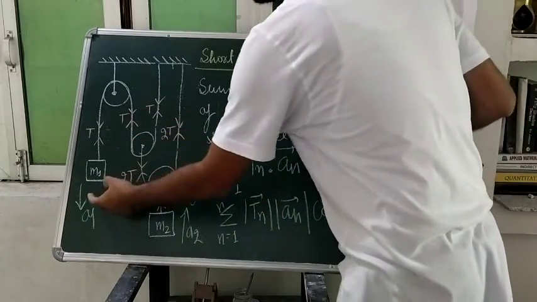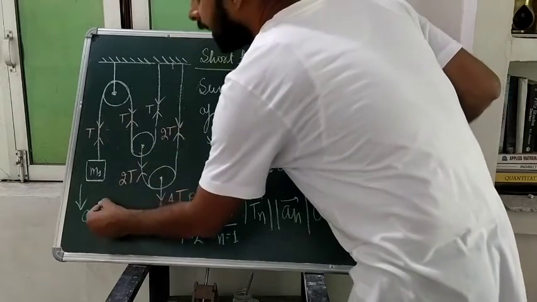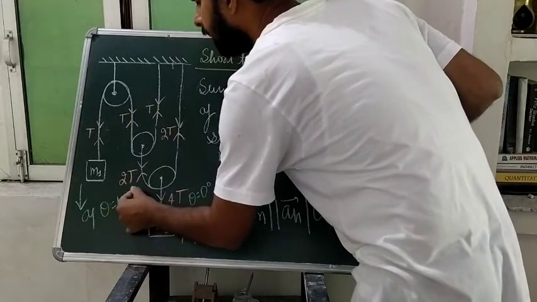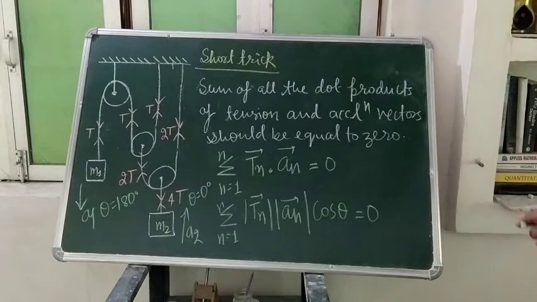A1 and tension T are on opposite sides, so theta will be 180 degrees here. Okay, you can write up to here.